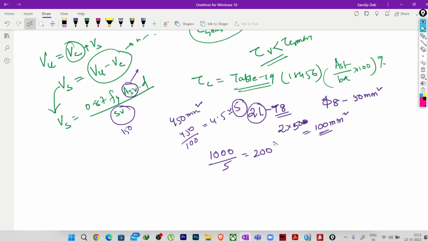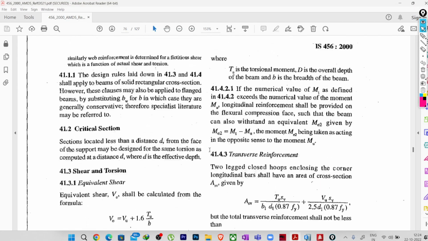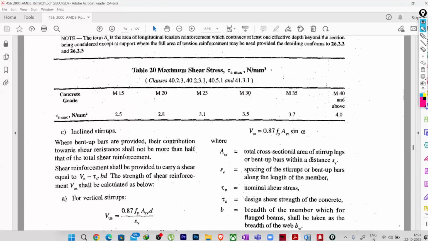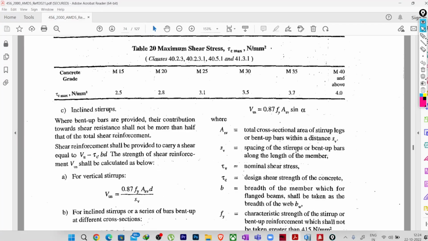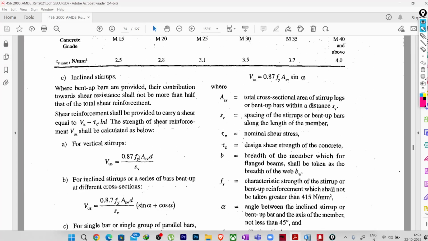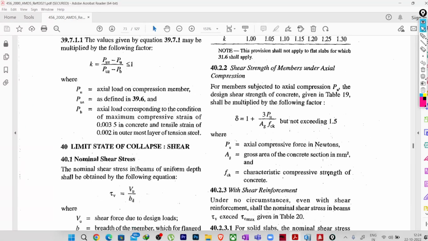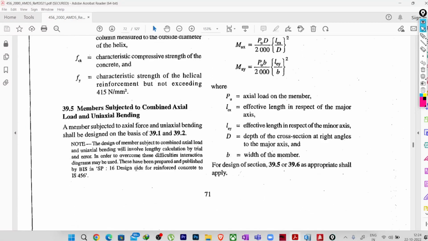Again, for the spacing, there are some criteria given in IS 456. So if you go to IS 456, I think page number 72. Here you can see these formulas. VUS equal to 0.87 FY ASV D by SV. Okay. So now let me see where it is.